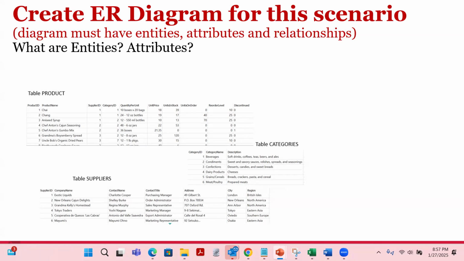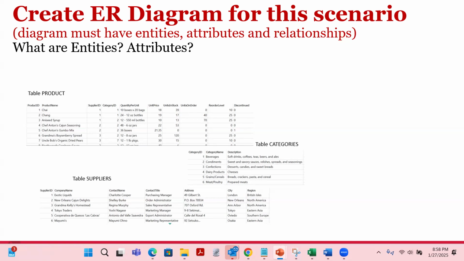So the relationship between product and categories is going to be one to many, and the many or crow's foot is going to be on the product side. Okay, so we have everything we need for this diagram. I'm not going to draw a diagram for you, but that is an analysis that you will have to do when you will be drawing the diagram.